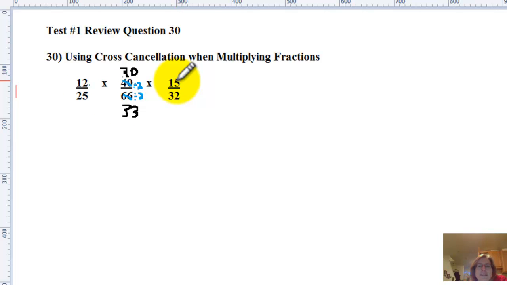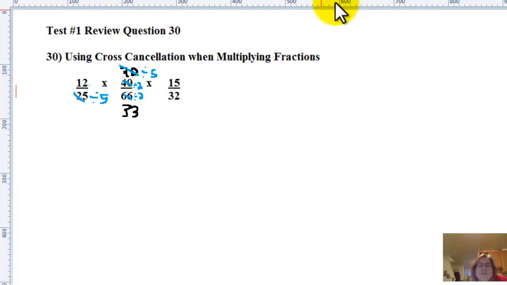Let's do easy stuff first. So, let's take 20, divide that by 5, and let's take the 25 and divide it by 5.